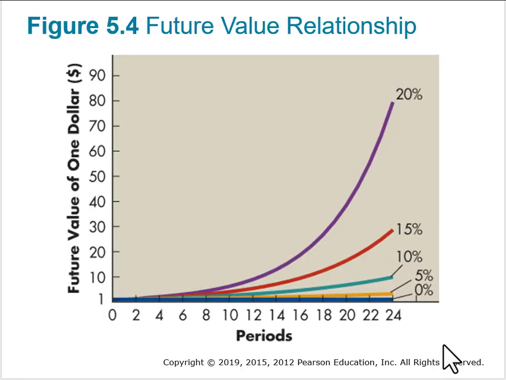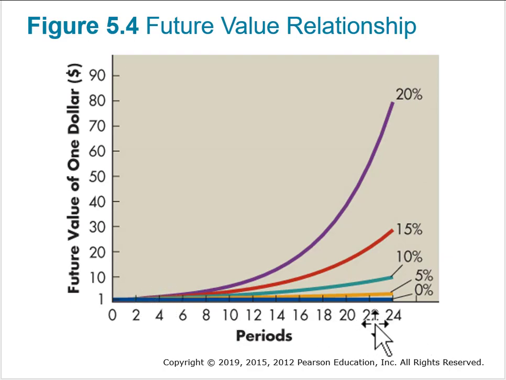So let's just take one more look at what's going on here with future value. This is the time periods. So the longer you invest, the greater the amount that you'll have. But additionally, the higher the interest rate, the quicker that amount grows.